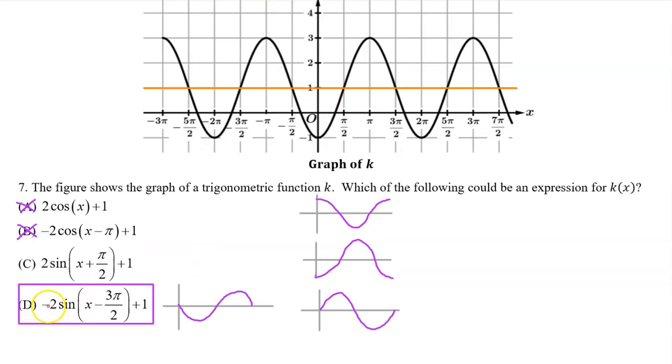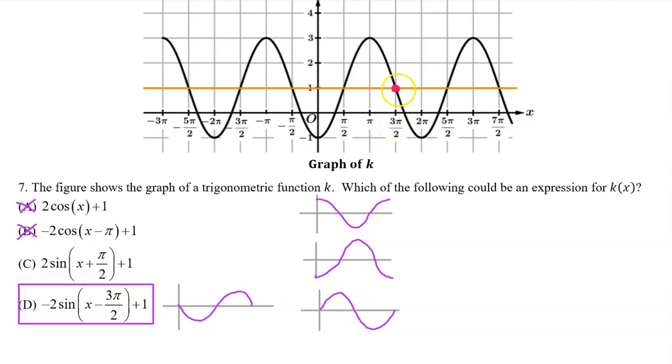Option D has a negative a value, so we are looking for an upside down sine function. So the first period should look like this. The c value is negative 3 pi over 2. Therefore, the phase shift is positive 3 pi over 2. So the first period of function D should begin right here at positive 3 pi over 2.